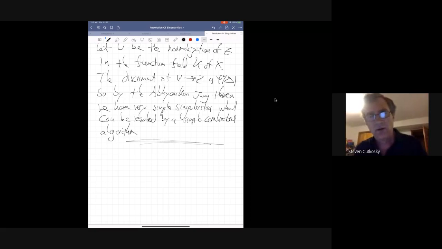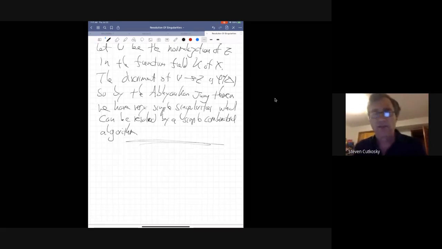Anyway, it's been a long time. But I guess that's sort of the other approach to this, which has been effective, at least up to a point, which is this de Jong method, whose proof I'm more familiar with. And in characteristic zero, you can extend that type of method to get a resolution of singularities.